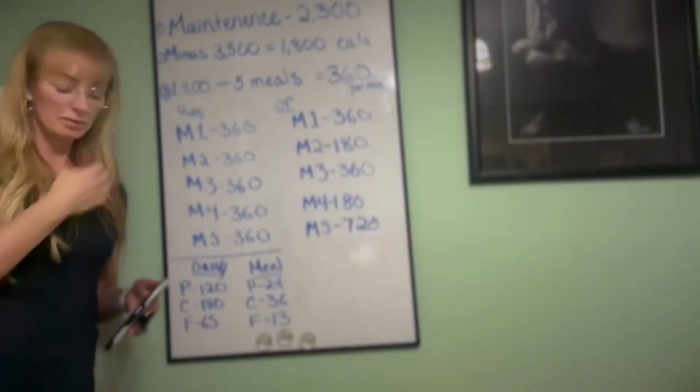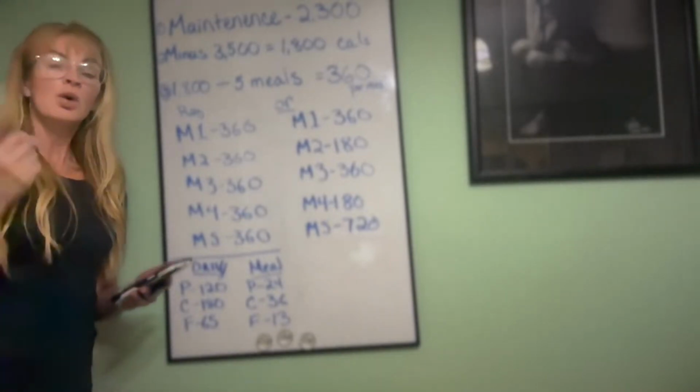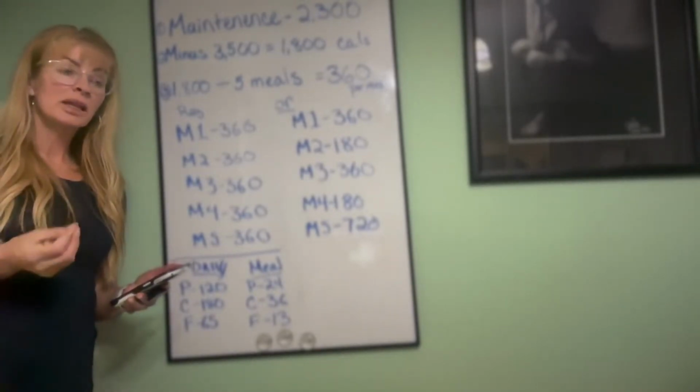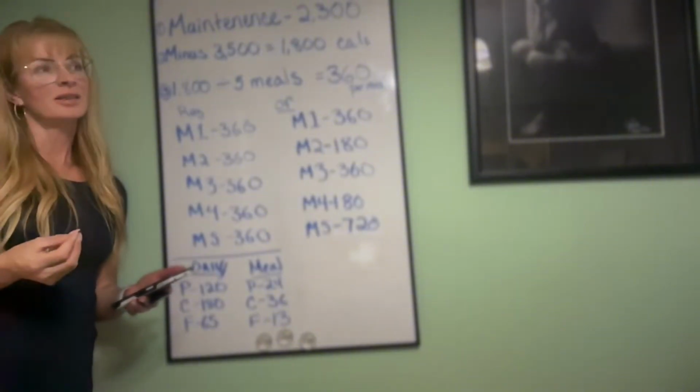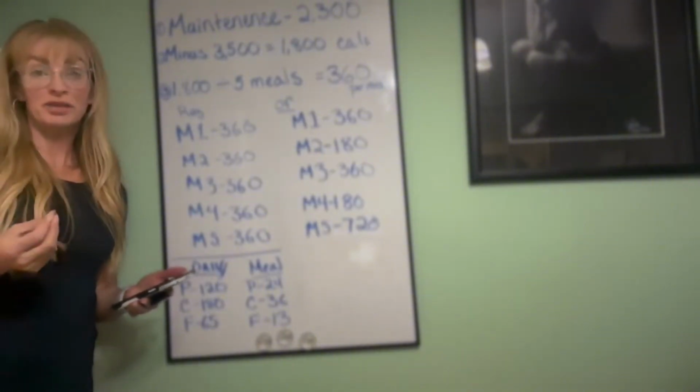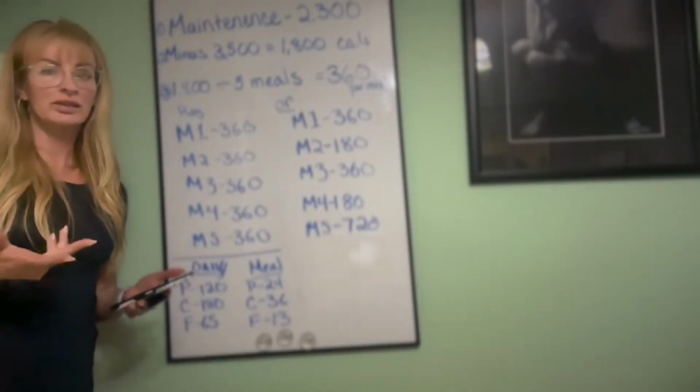So there is something to be aware of when you're using a macro based plan. There's actually a movement called, if you Google if it fits your macros, there's actually a macro tracker that does that.